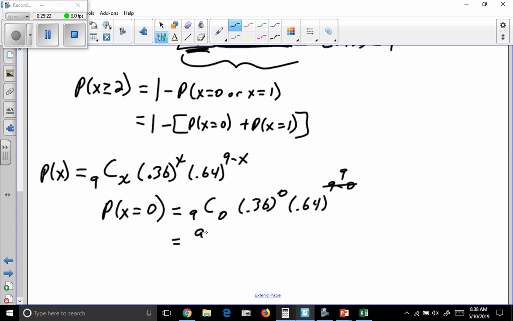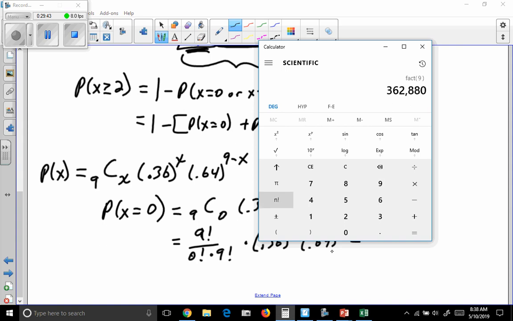So this is 9 factorial over 0 factorial times their difference, 9 minus 0 factorial, times 0.36 to the 0 times 0.64 to the 9. When we do 9 factorial divided by 0 factorial times 9 factorial, that's just going to be 1.